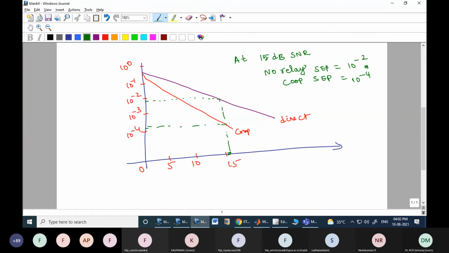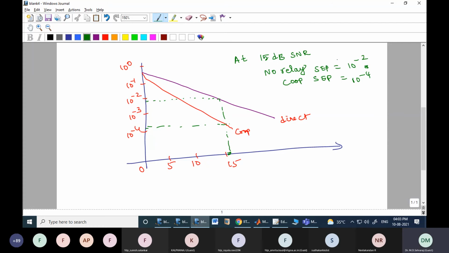That means it is very clear that the cooperation provides better performance in terms of symbol error probability. For a fixed SNR, the cooperative diversity provides an SCP of 10 to the power of minus 4, whereas without cooperation we are able to get only 10 to the power of minus 2. That means the error is more in the no relay case, and the error is very little in the cooperation case.